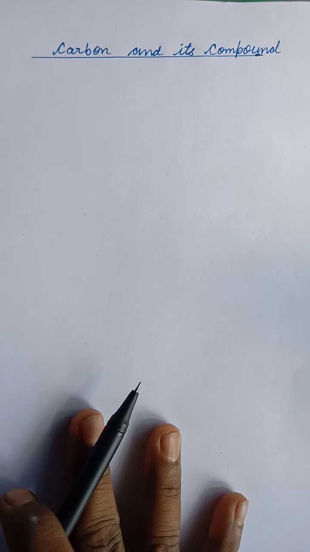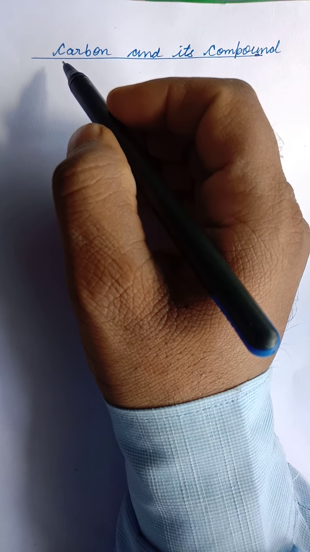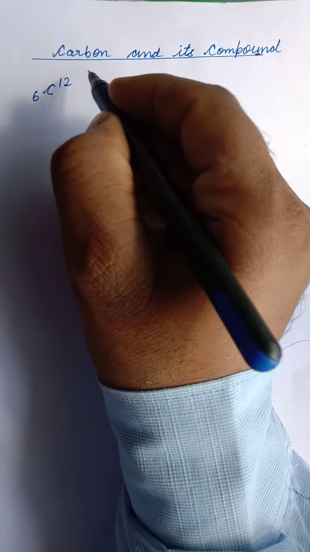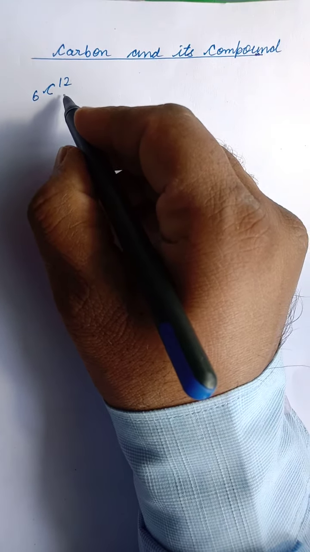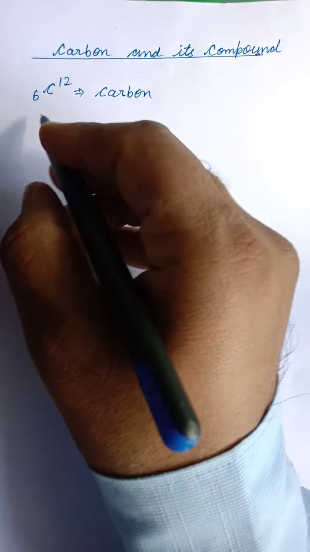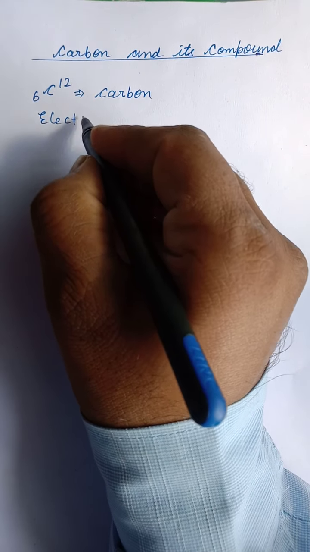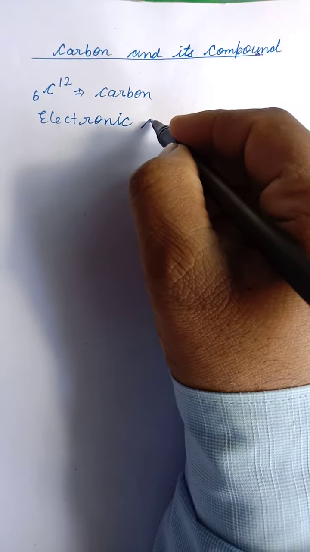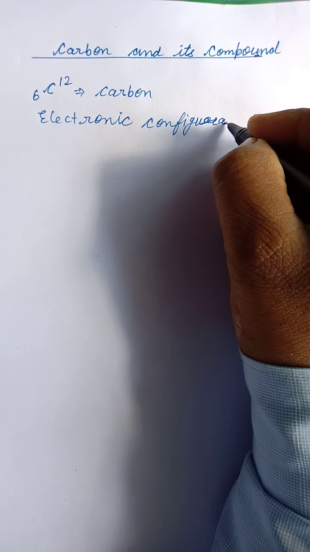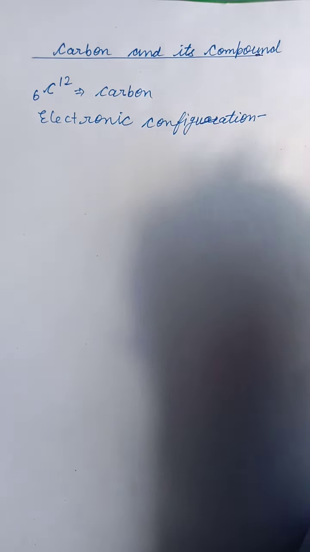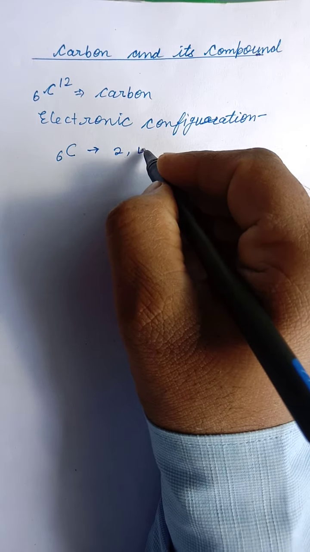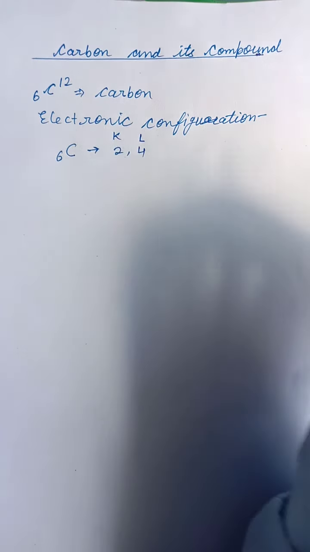Dear students, today we will discuss the chapter Carbon and its Compounds. Carbon has atomic number 6 and atomic mass 12. If you write the electronic configuration for carbon 6, it is 2 and 4, K shell, L shell.